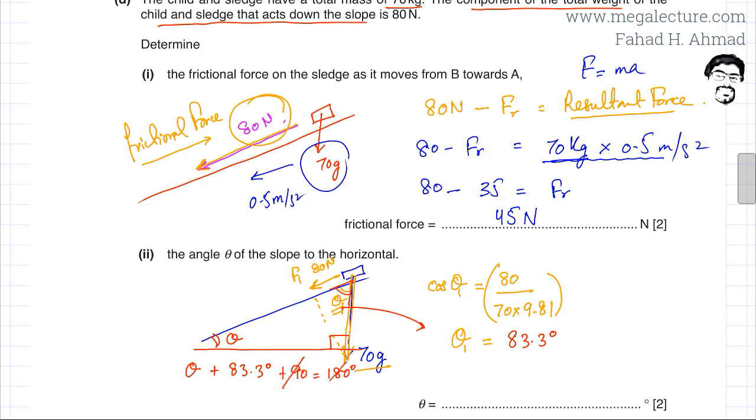So 90 gets cancelled out, leaving 90. Then I take 83.3 to the other side. So my value for theta, this theta over here, comes out to be equal to 6.7 degrees. That is the angle of the slope with the horizontal. This is the horizontal, so this is the angle of the slope with the horizontal. It's coming out to be equal to 6.7 degrees.